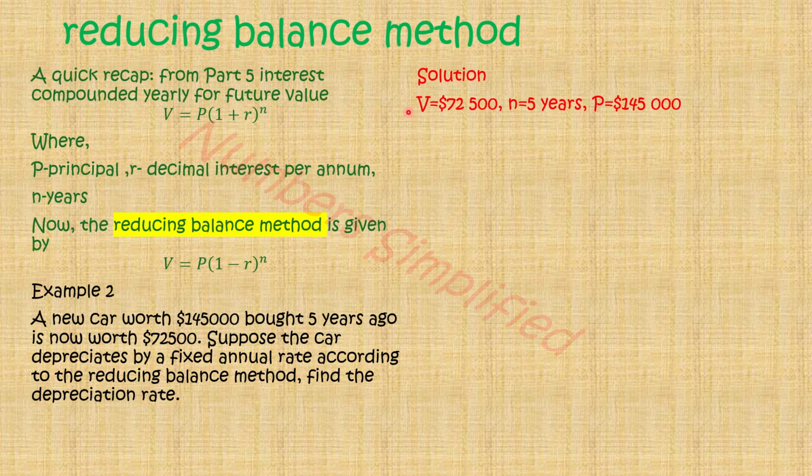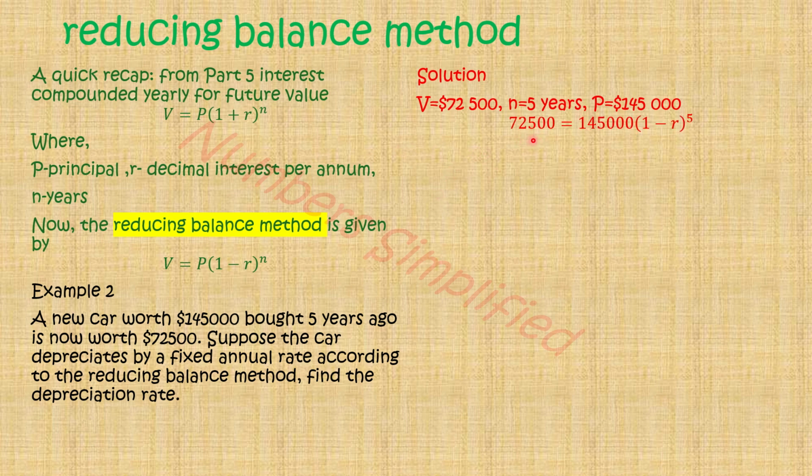And the solution. So we need to identify everything that we're given. We have the future value V of 72,500, the time 5 years, which is N, and the P, which is the principal or the present value of 145,000. We substitute these values into the reducing balance formula.